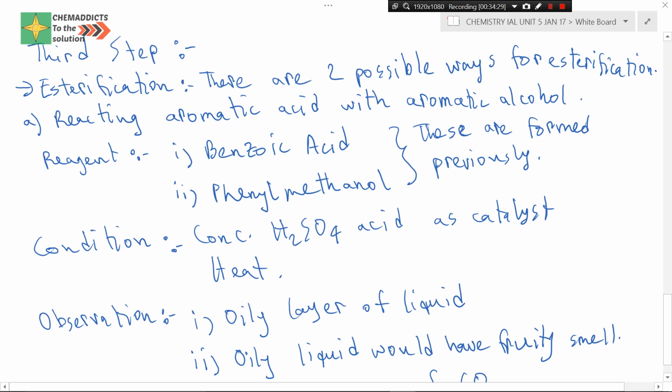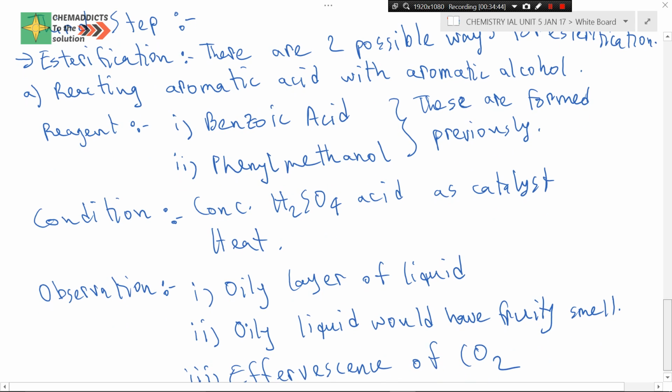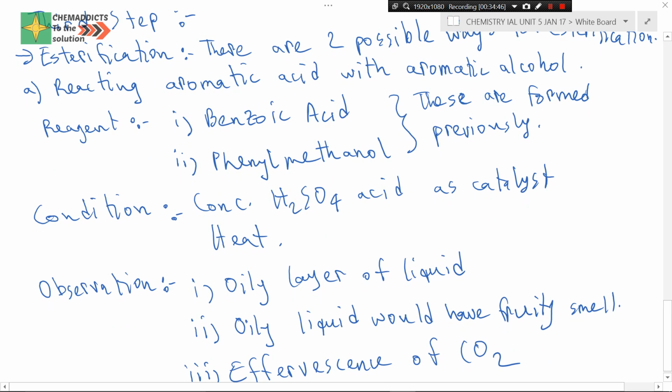The reagents are benzoic acid and phenyl methanol, which are formed previously. Condition: concentrated sulfuric acid as a catalyst and heat. Observation: oily layer of liquid, oily liquid has fruity smell, effervescence of carbon dioxide. These are the things that we are going to write.